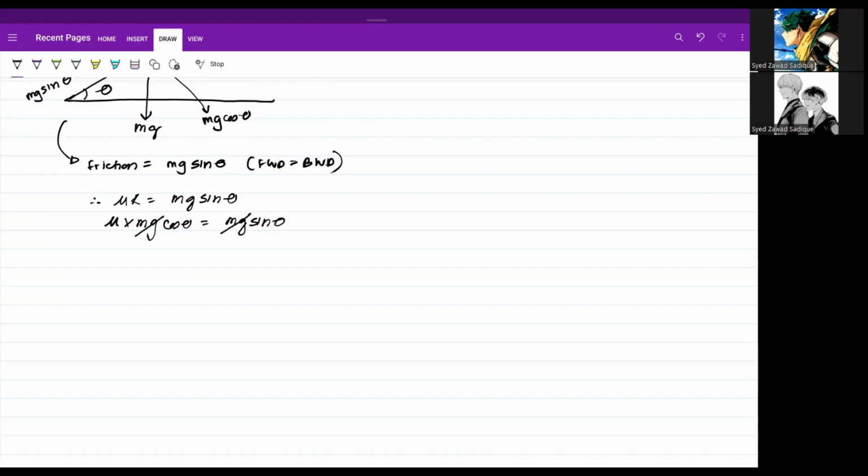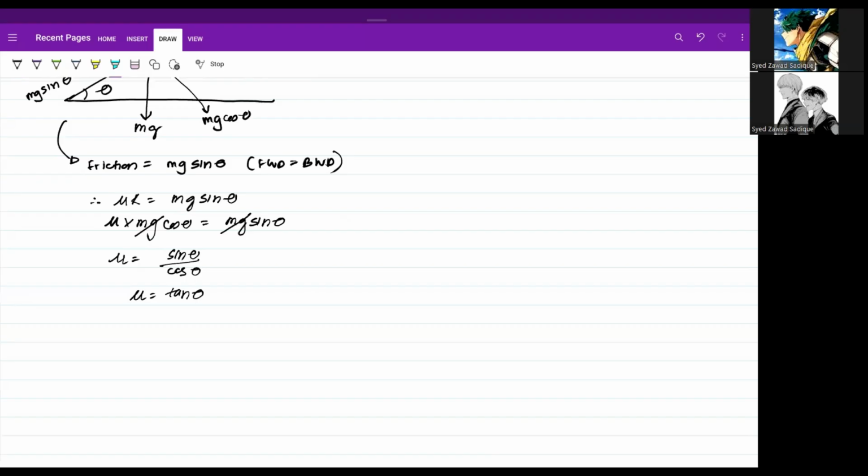Cross out mg, then mu is equal to sine theta by cos theta. Mu is equal to tan theta. There you go. Most of the time, you don't have to remember this. This is a derivation that I just made to make things simple.